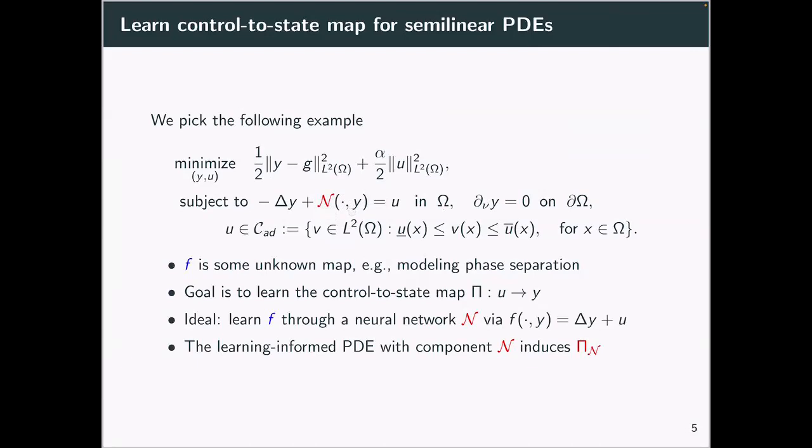So the idea is that we use some neural network function to represent or to approximate this nonlinear map F through this relationship. Okay, so this is a non-trivial task.